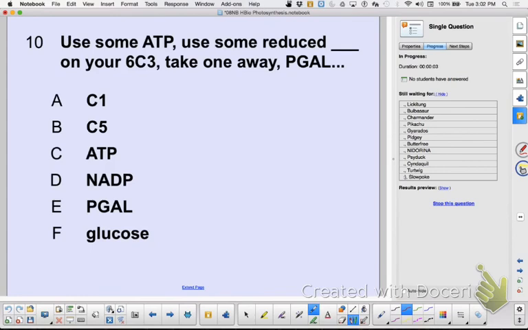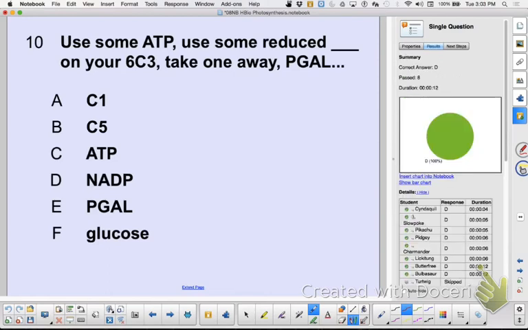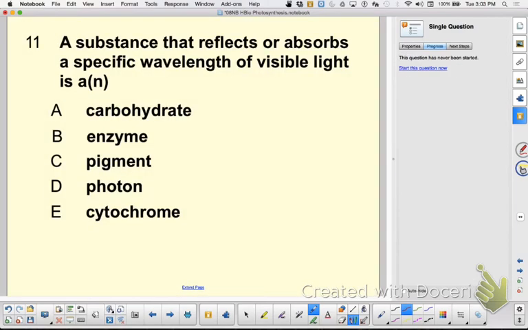Use some ATP, use some reduced NADP. Take one away, PGAL. Use some ATP, use some reduced NADP. Good. That's 2.